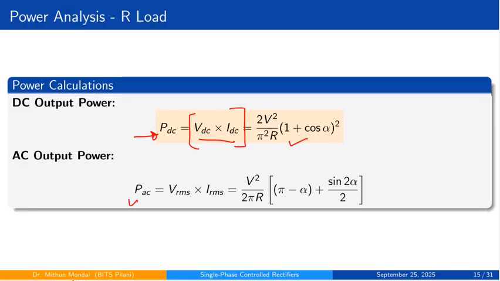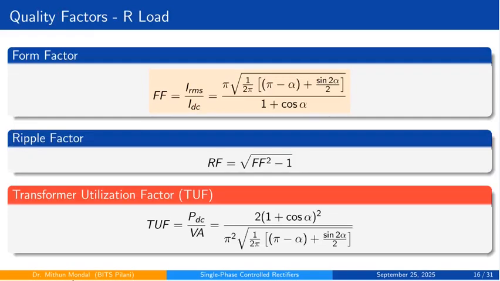When we talk about the AC power, this is the product of RMS voltage and RMS current. So depending on whether we need the DC or the AC quantity, we can use these expressions: DC voltage times DC current gives you the DC power, and RMS voltage times RMS current gives you the AC power.